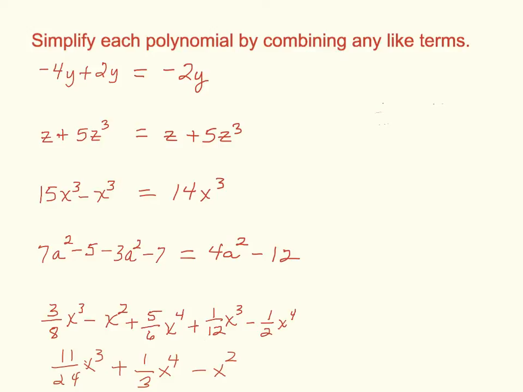And when you add 5/6 x to the fourth minus 1/2 x to the fourth, you get 1/3 simplified if you want 1/3. And the x squared, negative x squared, can't be combined with anything. So I would rewrite it in descending order. Get into the habit of doing that. So 1/3 x to the fourth plus 11 over 24 x to the third minus x squared. If I made a mistake, let me know about it.